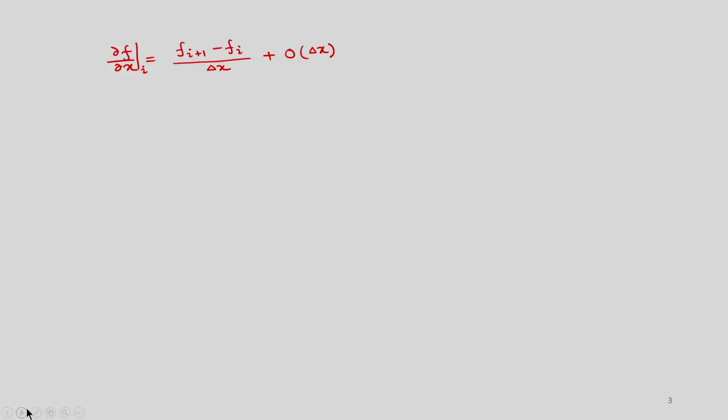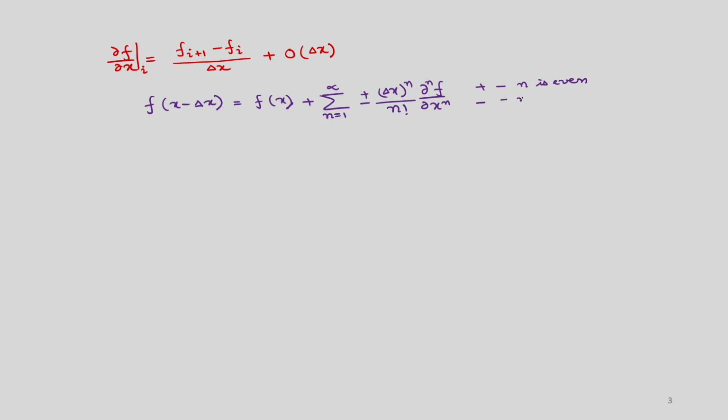Now, similarly, if we use f x minus delta x and expand it using Taylor series about the point x, then you can write f x plus the summation of n equal to 1 to infinity of plus minus delta x to the power n by factorial n del n f by del x n, where plus applies if n is even and minus if n is odd.